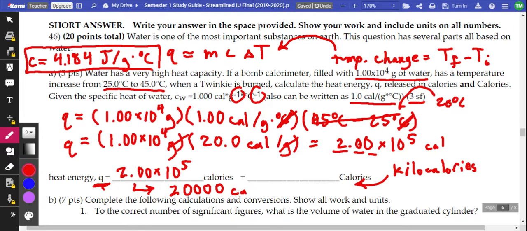Okay, calories. That should be equal to, moving our decimal place to the left, 3 times. I did something wrong.